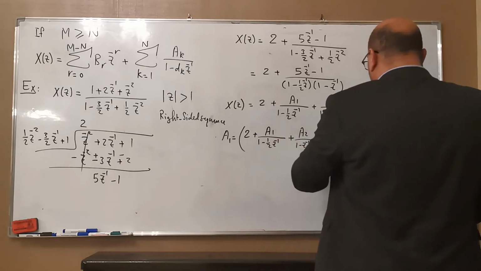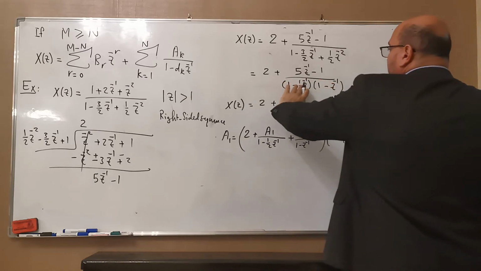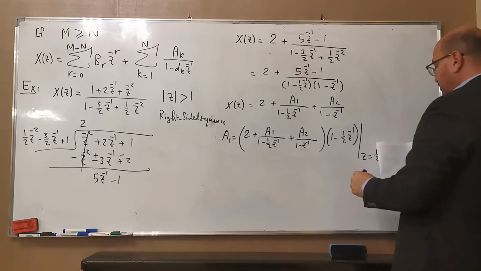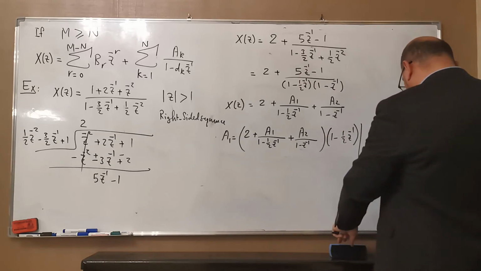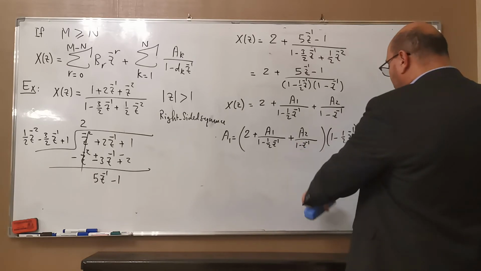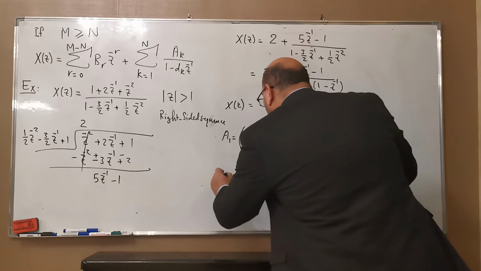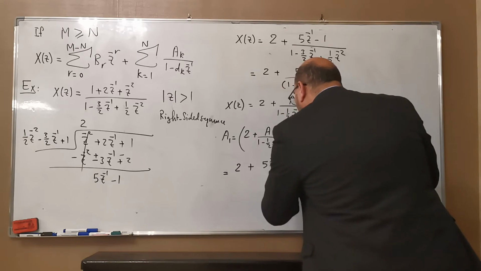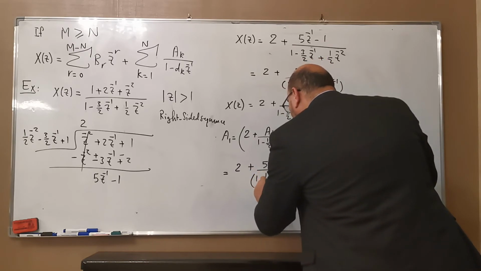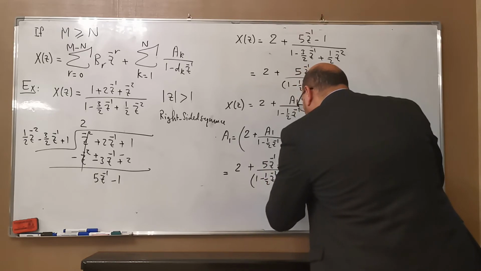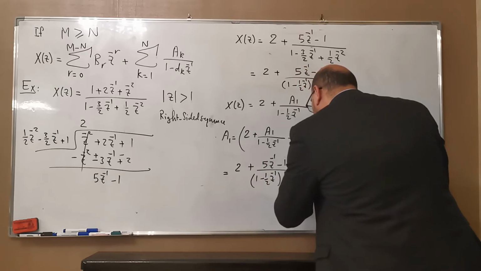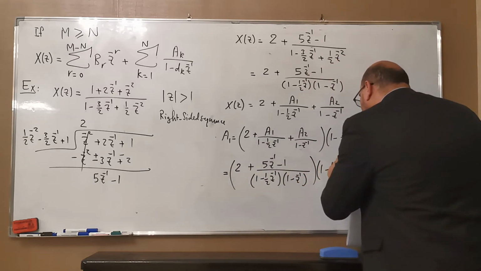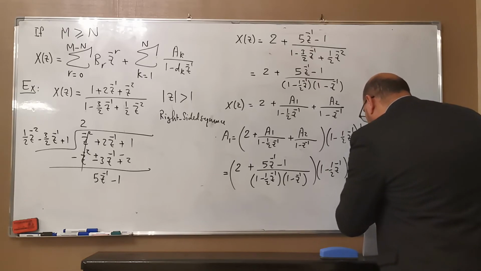And from the other side, we are going to have this. So this is equal to, I'm going to put it in this form, 2 plus (5z inverse minus 1) divided by (1 minus 1/2 z inverse)(1 minus z inverse), multiplied by 1 minus 1/2 z inverse, substituted at z equals 1/2.